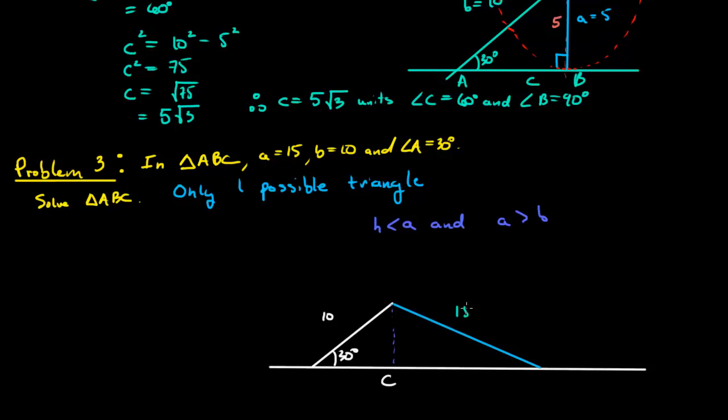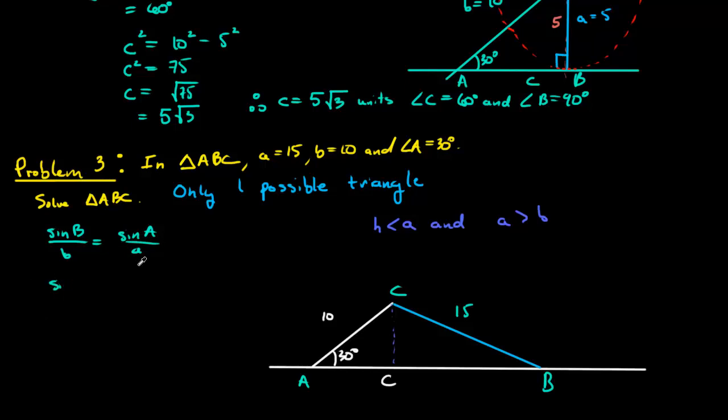So we know that this is 15 units. So if we use sine law, let's label this. This is A, C, and this is angle B. So I know that the sine of angle B divided by B is equal to the sine of angle A over A. This is just using the sine law.